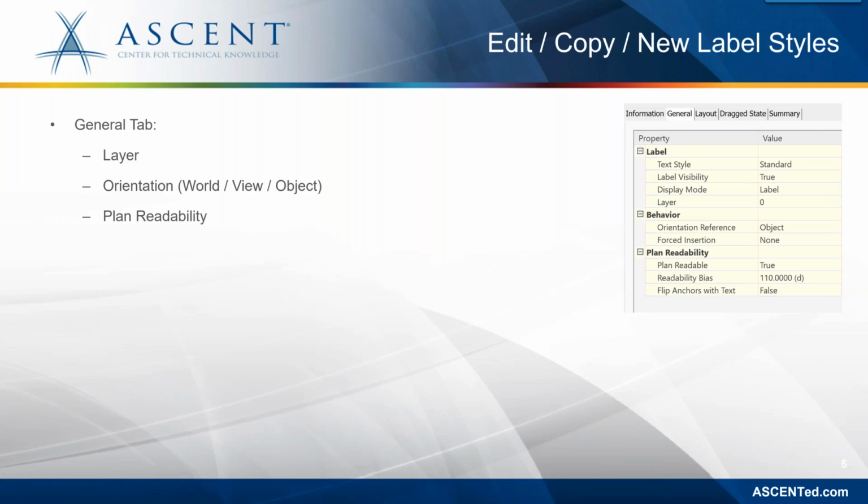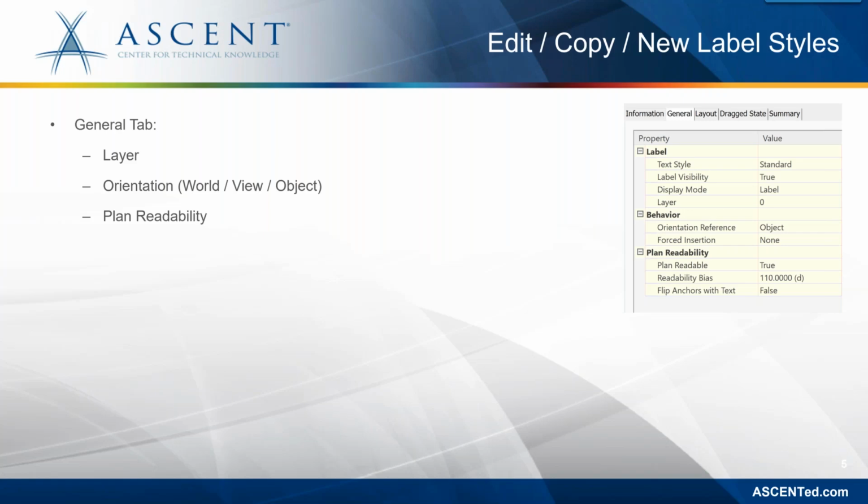Object means that the label is aligned with the object, so it will follow the bearing of the line itself. View means that if the view is twisted through plan or profile sheets or DVIEW twist or whatever, the labels will always remain parallel to the twisted view or the plan profile view.